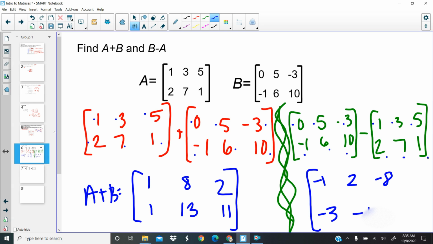And then 10 minus 1 is going to be 9. And so this would be our resulting matrix if we did matrix B minus matrix A. So for addition and subtraction, just remember that you are basically just adding or subtracting the elements based on their positions in the matrix.